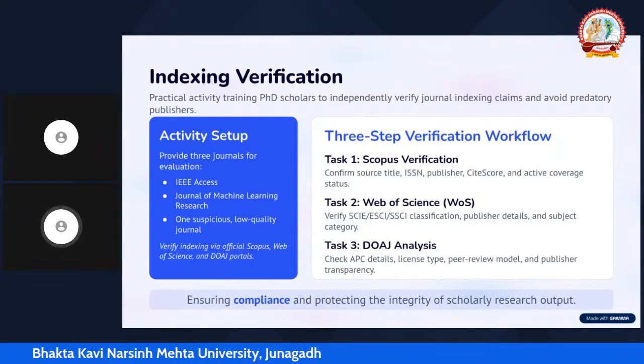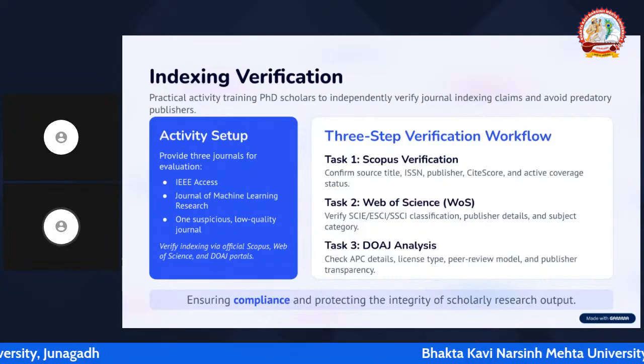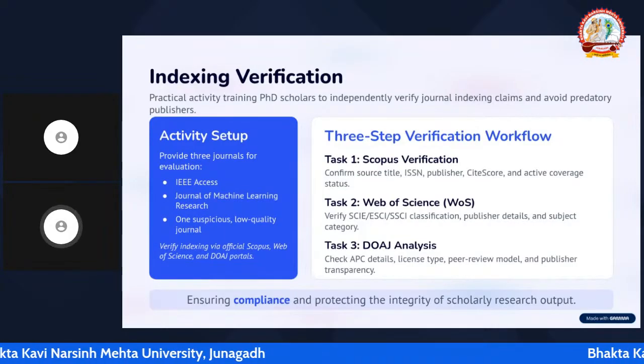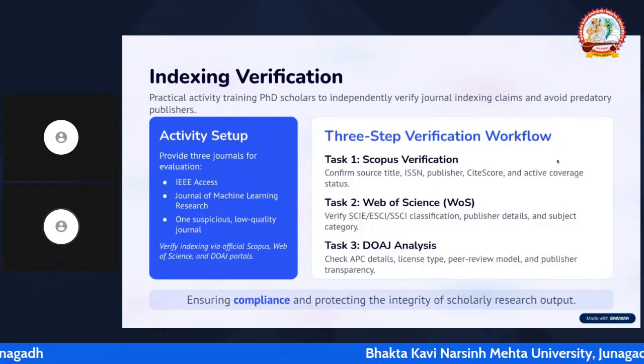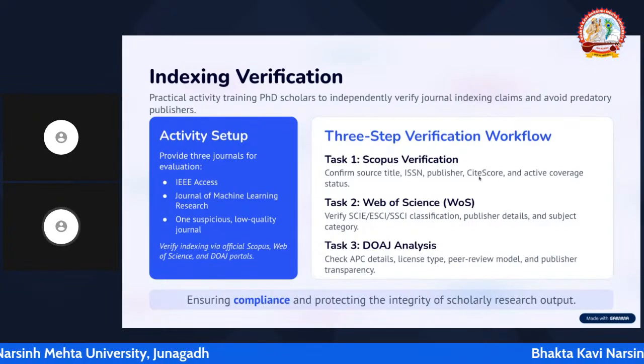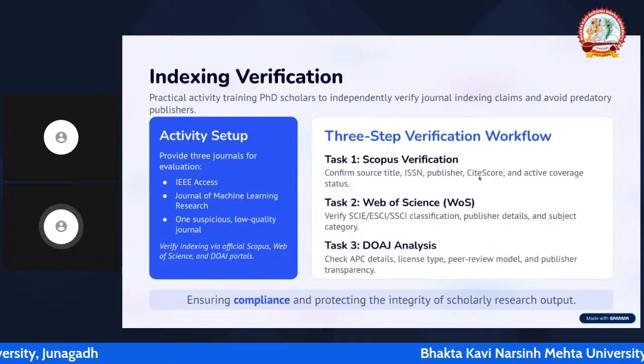Now, how can you identify the indexing? This is a more crucial part, and as research scholars, we have to identify how to verify your indexing. If you want to identify a particular journal, task 1, you can do Scopus verification with ISSN, publisher, citation score, and active coverage status.